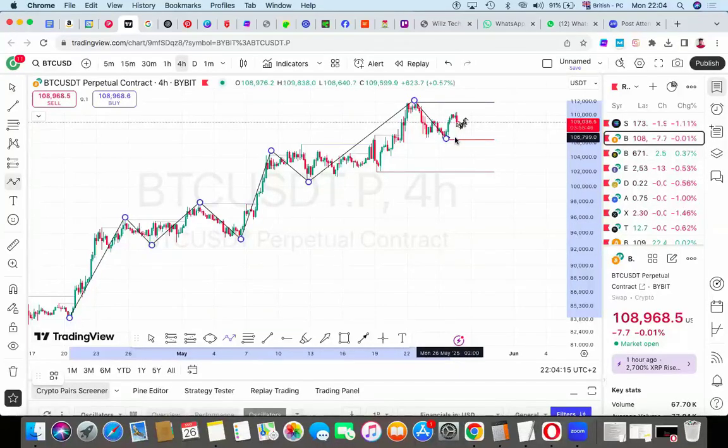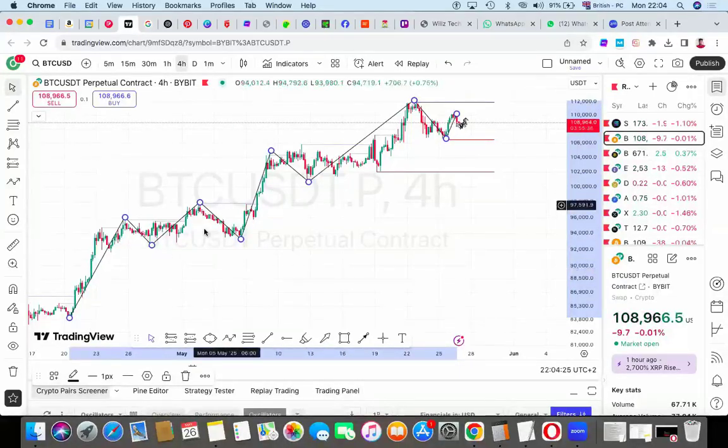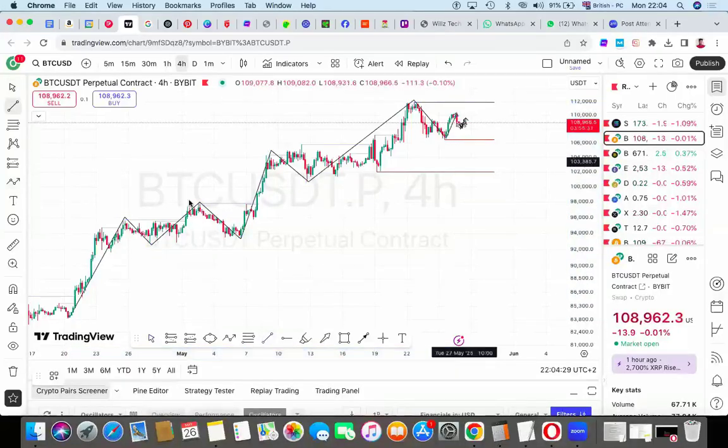I can already determine from the structure I just drew that the market is in an uptrend, just by merely looking at it, because I can see the market breaking structure to the upside. Even from this blue line here, you can see I've already marked out my structure.